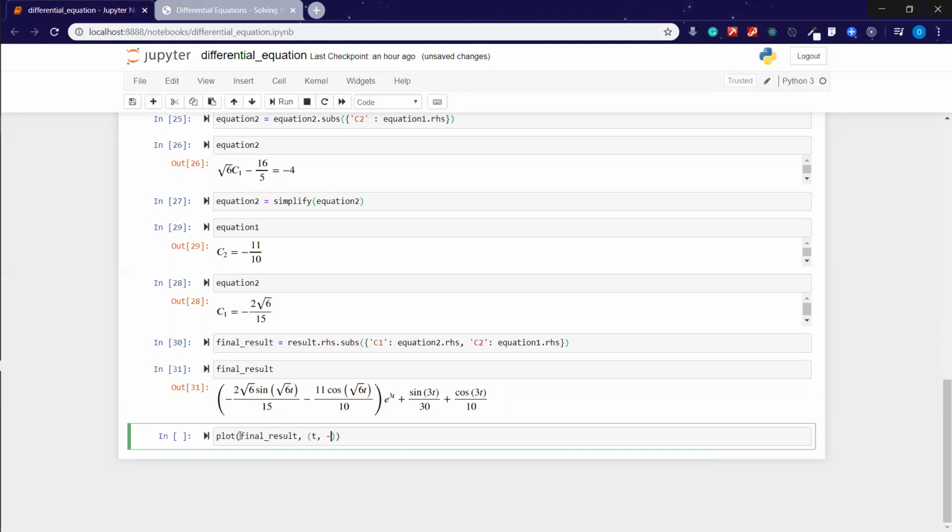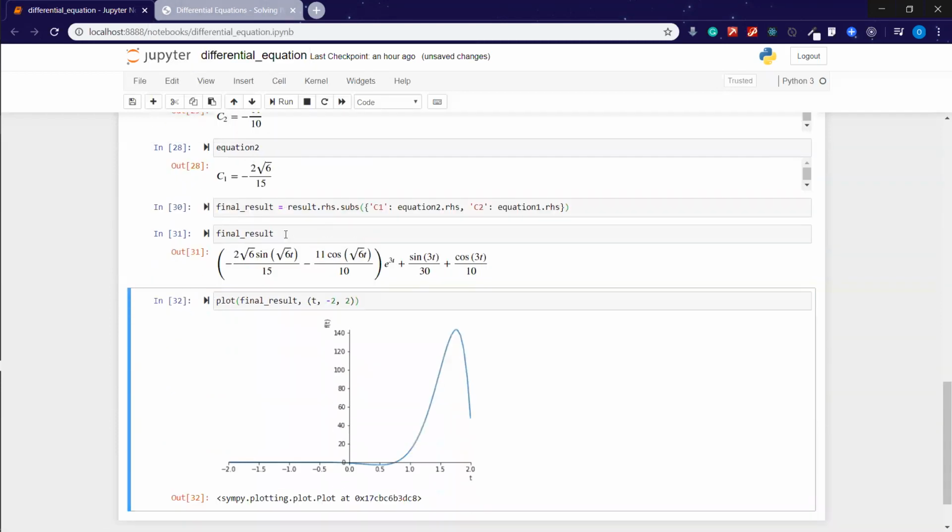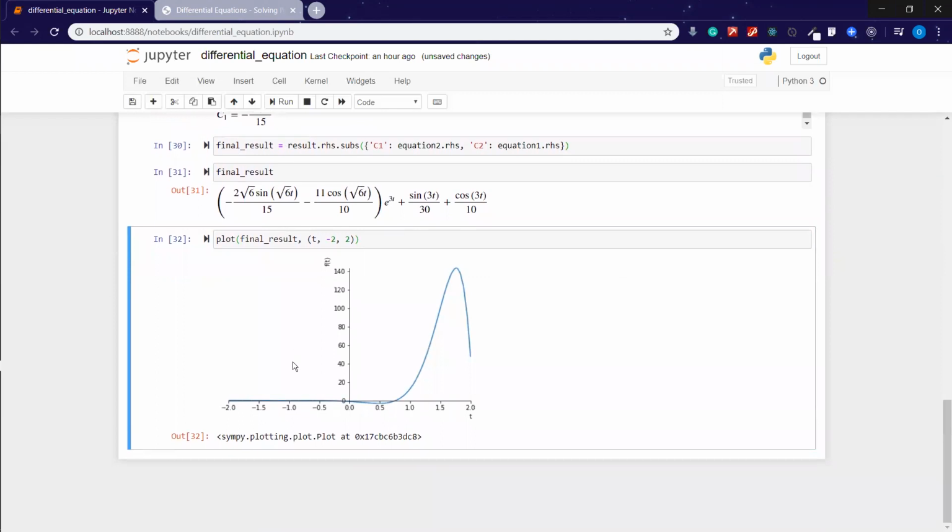Let's say between -2 and 2. Let's run that and wait for sympy to plot that expression. Okay, so yeah, this is what the results look like on graph.